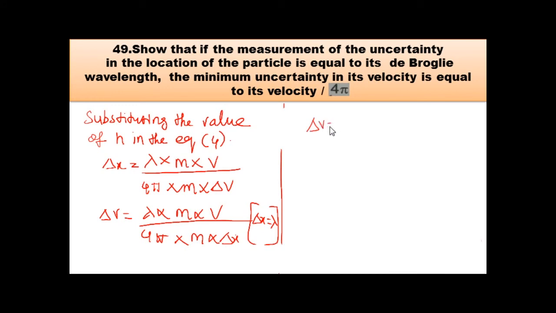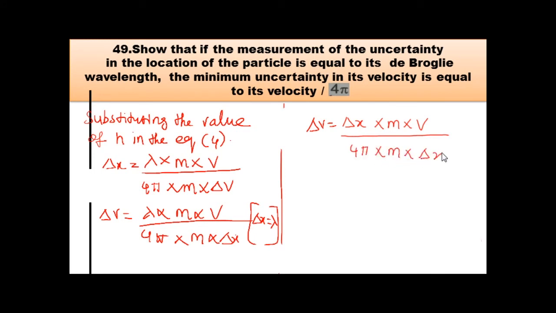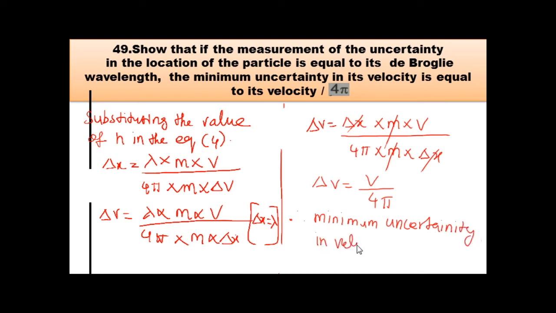So delta V equal to delta X multiplied with m multiplied with V divided by 4 pi m into delta X. Delta X cancels, m and m cancel. So finally the delta V equal to V divided by 4 pi. Therefore the answer: minimum uncertainty in velocity equal to V divided by 4 pi.